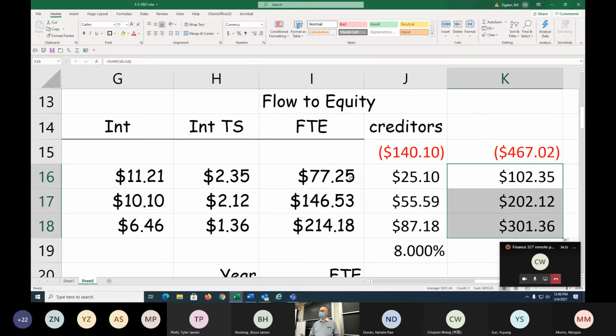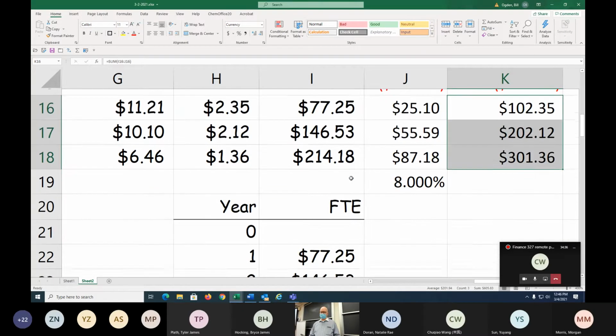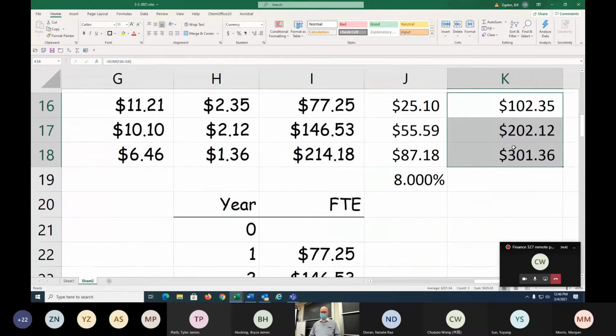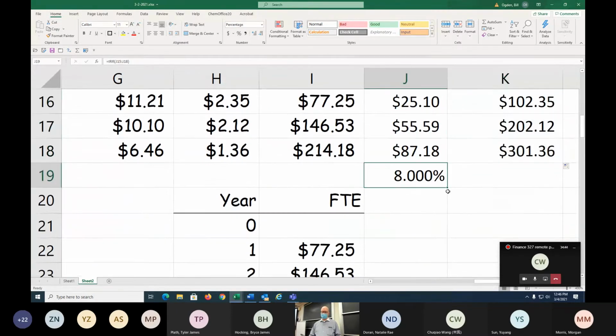Did we do that? Okay, so what's the IRR of the assets? I copy across, and I get 12%. What's that?